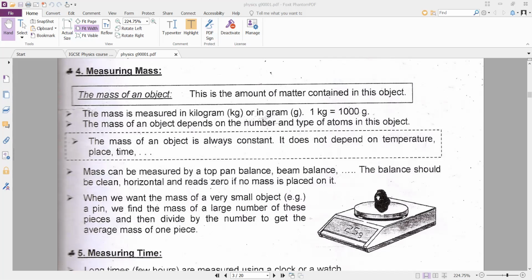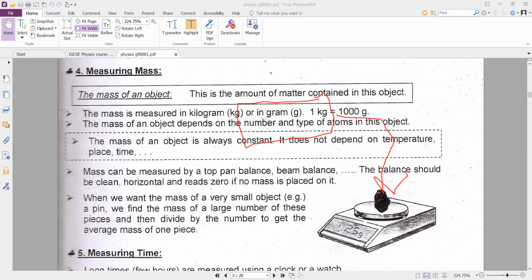We cannot add another mass before clearing the balance. We have now this object. How much is it? 25. Why 25? Because the old measurement was 0. Say I have a block and I need to add it to this balance. What should I do now?